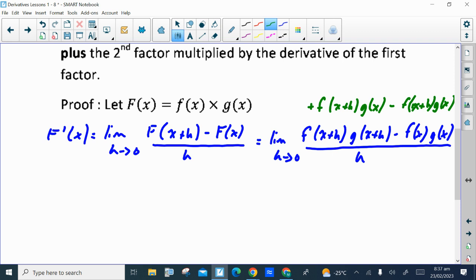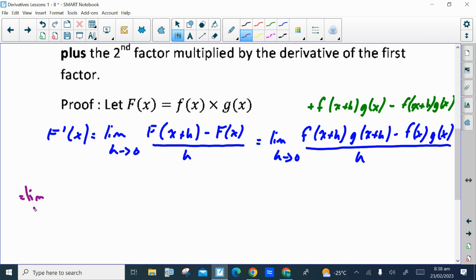So again, you wouldn't be expected to just know that this needs to be done. This is just how we're going to do this proof. And so we haven't really changed anything, because when you add something and then immediately subtract something, they would technically cancel each other out, right? So we haven't really changed the value of the function because we're adding and subtracting the same value. But here's what we're going to get next.